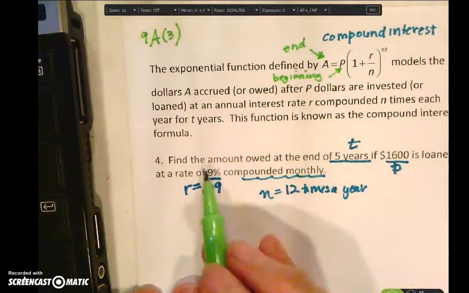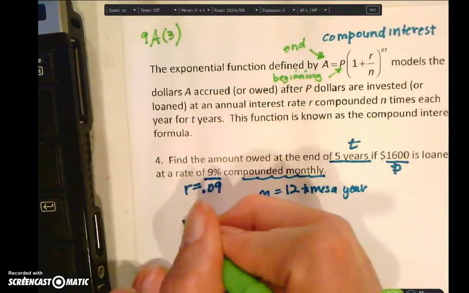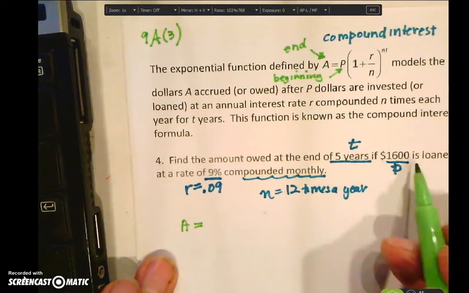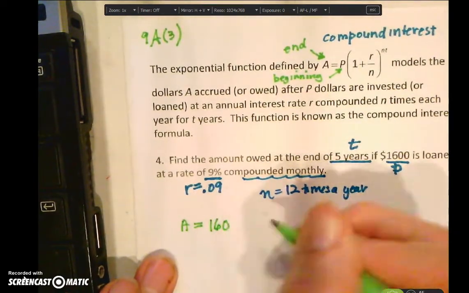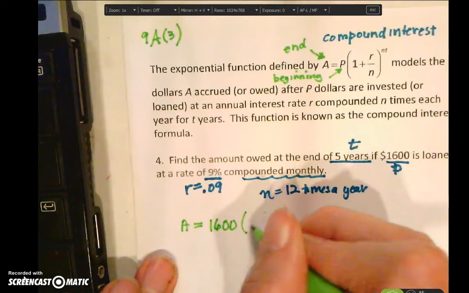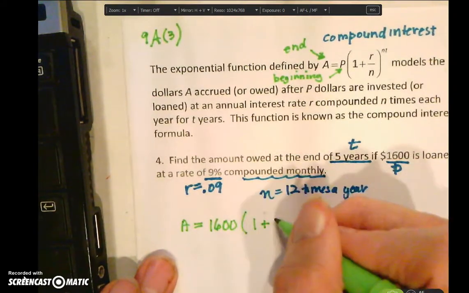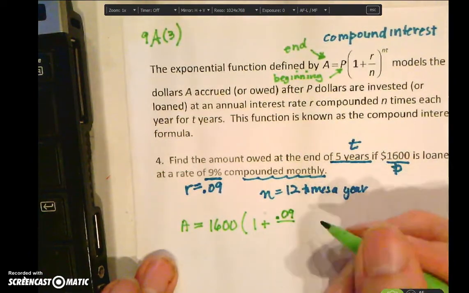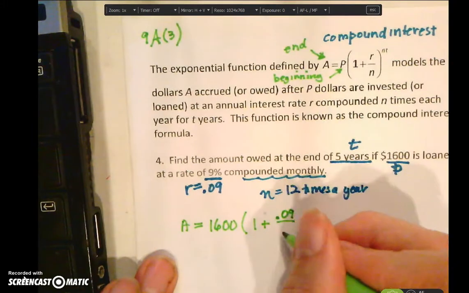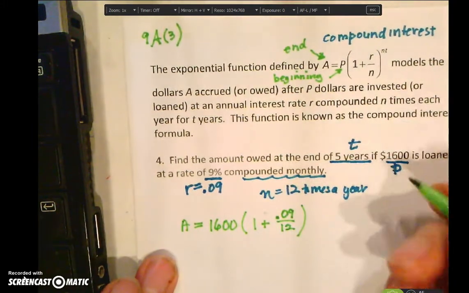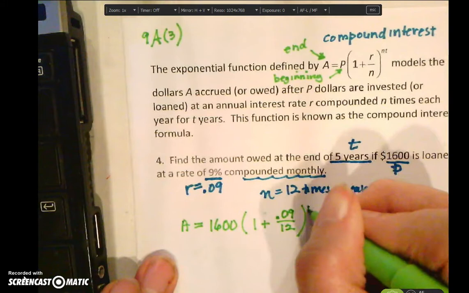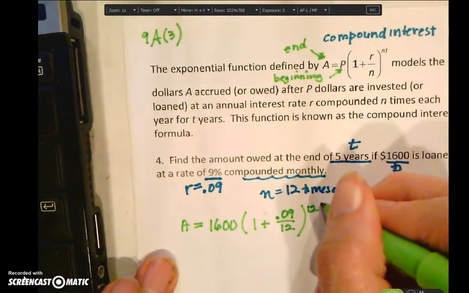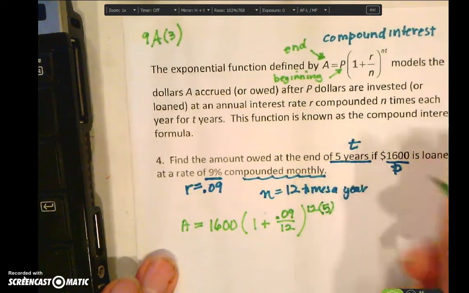We're going to find the amount that's owed, so we're looking for A. That's equal to P, and our P was $1,600. Then parentheses, 1 plus R, which we changed to a decimal, 0.09, divided by N. N was 12, the number of times it's compounded, and then raised to the 12, again notice there's another N right there, times T. So 12 times 5.